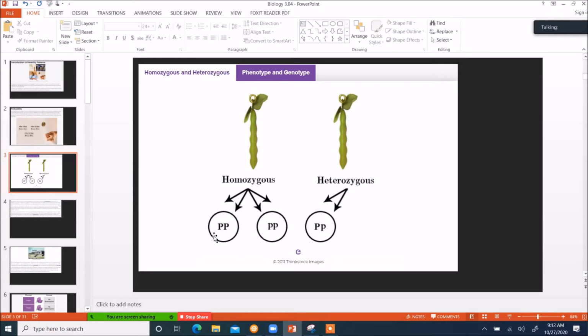Let's suppose both alleles are the same. From the mother and the father, the plant got both red alleles. If both are the same, both red or both white, that's called homozygous. That's the first term.